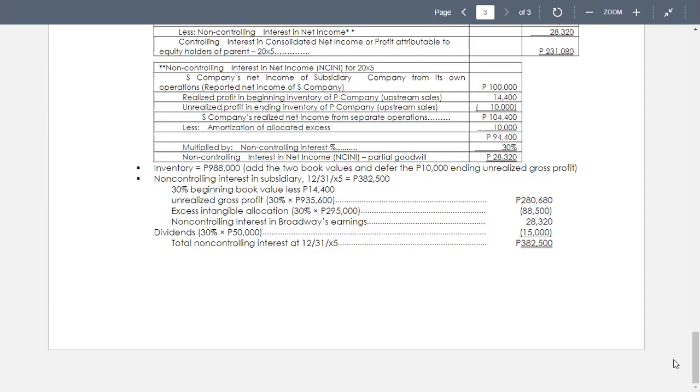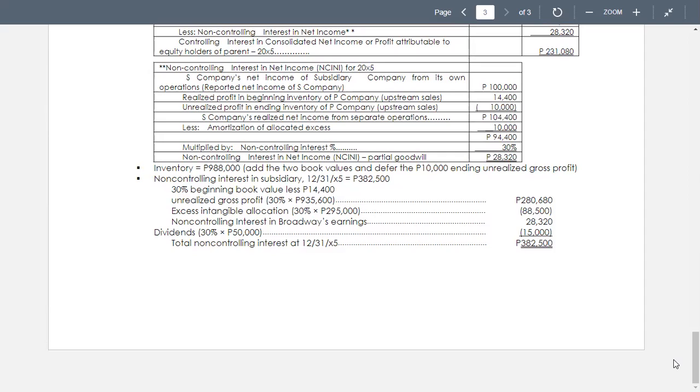That is your realized profit with sales with third parties. So the total is 240,300. So again, 249,000 is the consolidated net income.